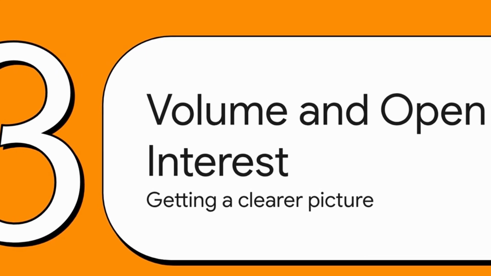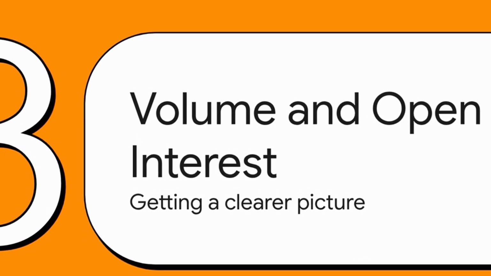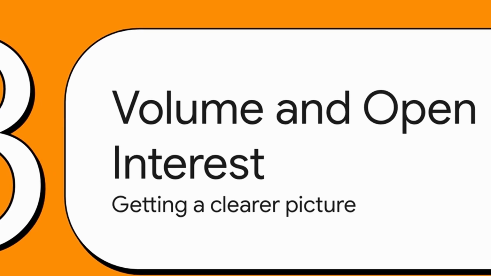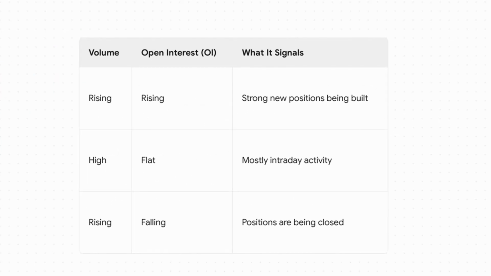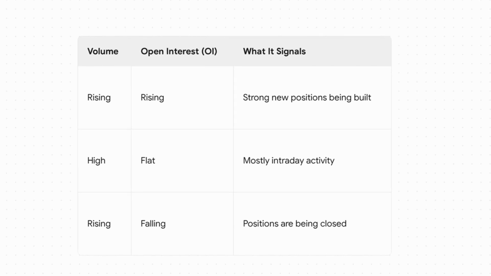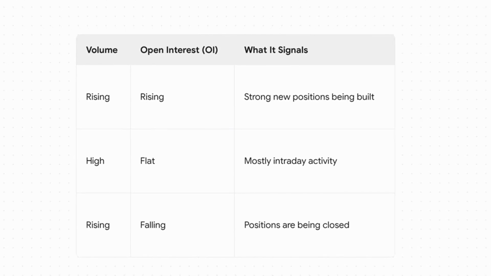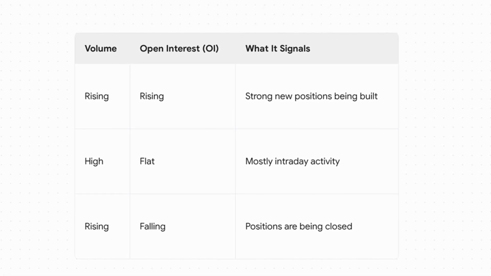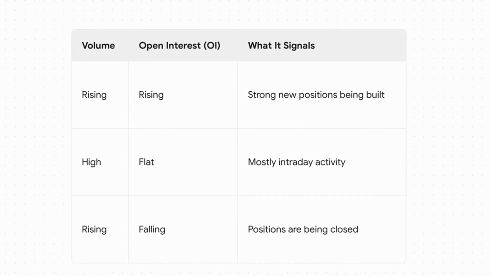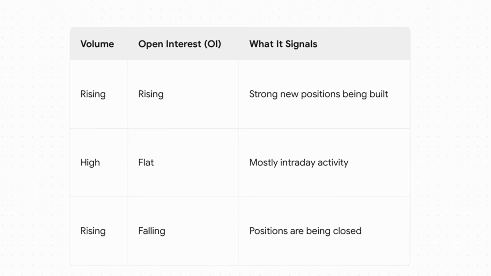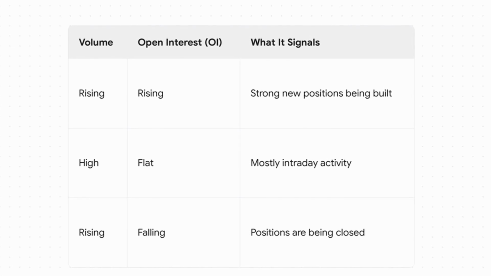Okay, so volume tells us where the action is. But to get a better guess at the likely direction of that action, we need to add a second piece to the puzzle. This is where we bring in another powerful metric called open interest. You're going to want to pay close attention here because this is the real secret sauce. Think of it like 3 different scenarios. Scenario 1, both volume and open interest are going up. That means new money is flooding in, building fresh positions with serious conviction.